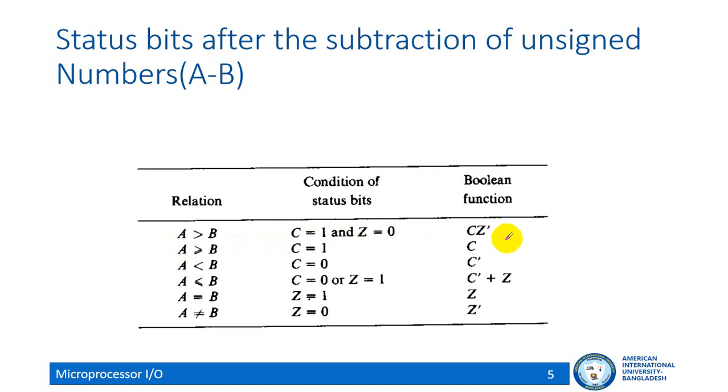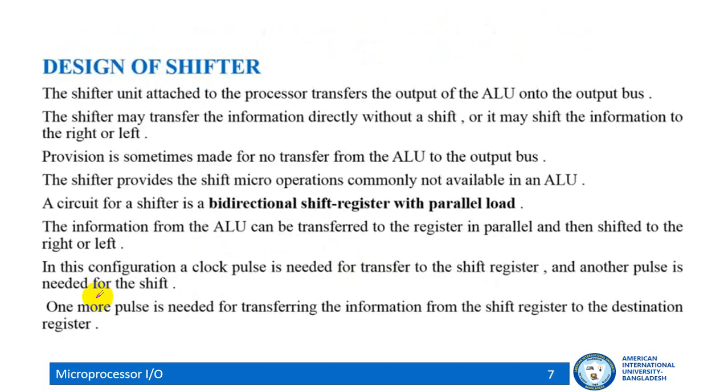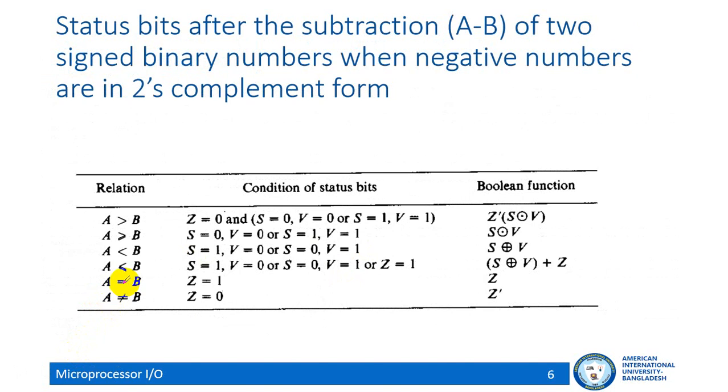If A is greater than or equal to B, then the condition is C equal to 1, and this is the Boolean function. If A is less than B, then C will be 0; this is the Boolean function C bar. If A is less than or equal to B, then these are the flag bit conditions, and this is the function. So it is a particular example.